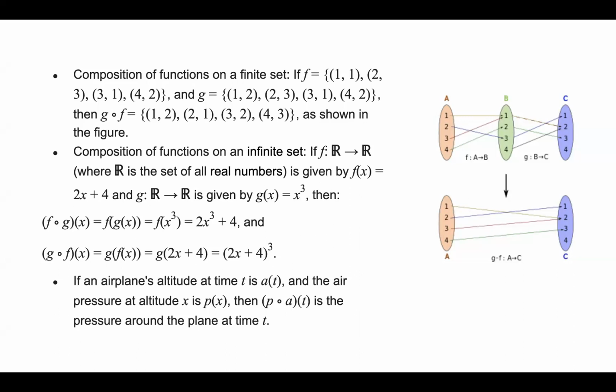Altitude is the function of time, and pressure is the function of altitude. So taking the composition of them at time t, what we get is the pressure around the plane at time t.